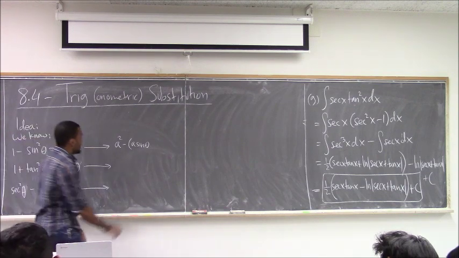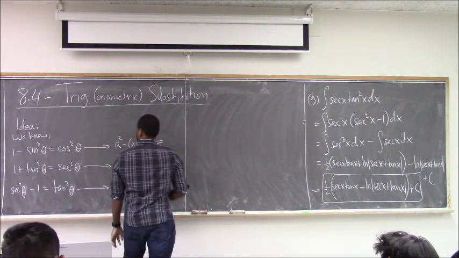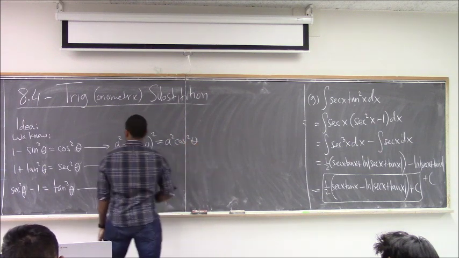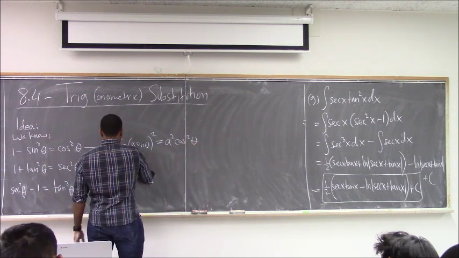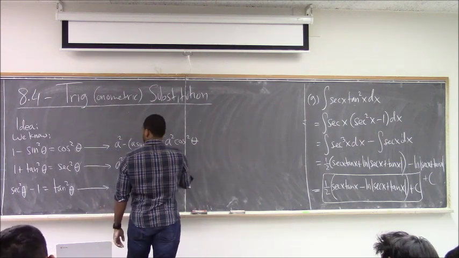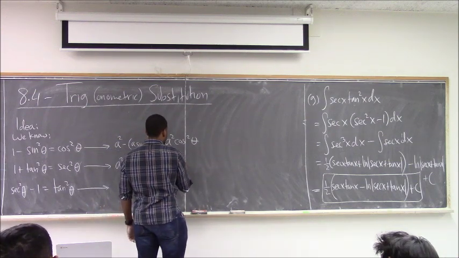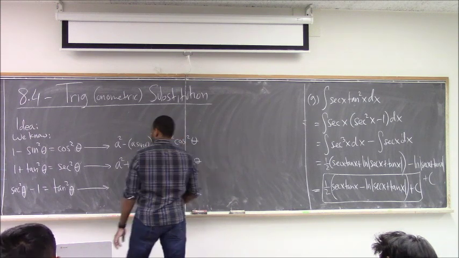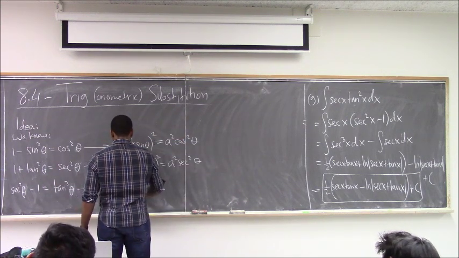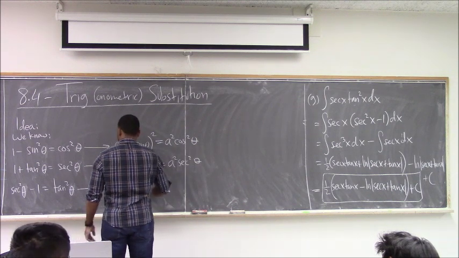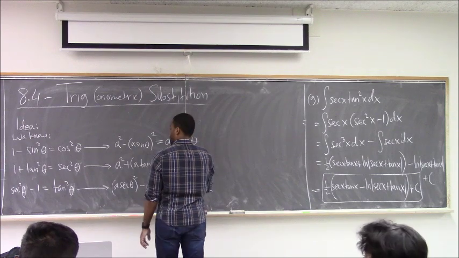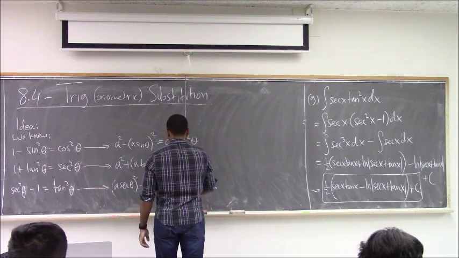That's going to give me a squared cosine squared. And here, if I multiply both sides by a squared, that will give me a squared secant squared. And here, if I multiply both sides by a squared, I would have a secant theta squared minus a squared equals a squared tangent squared.